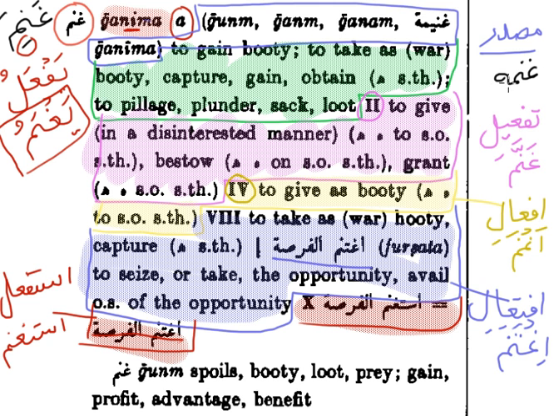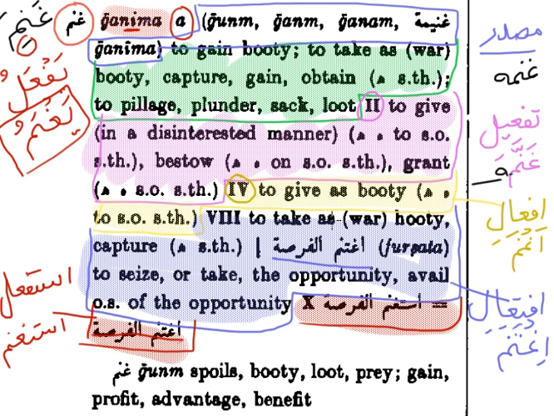He obtained it. And STH means something. Again, the ha here in this form and in this form, it can mean something or someone. So bestow upon someone or bestow upon something. Ghanamahu. If you were to add a hu onto the end of there, or an object, another word after this, doesn't matter. To give as booty, again here, something, someone, and that's basically how it works.